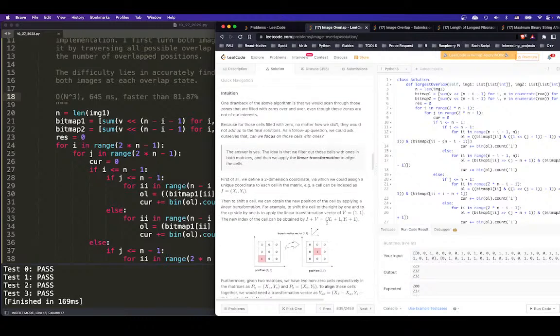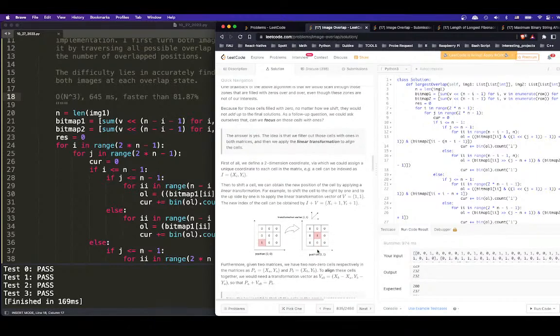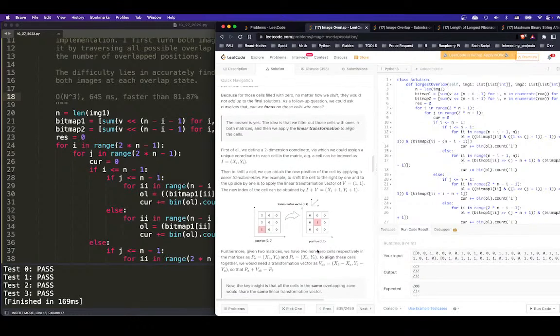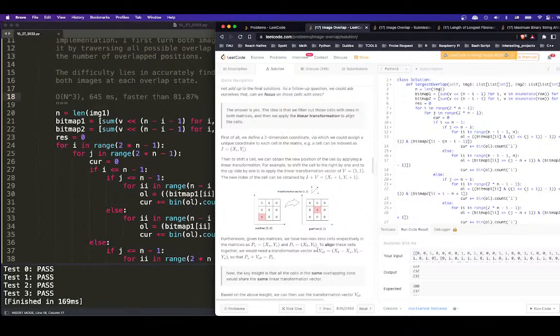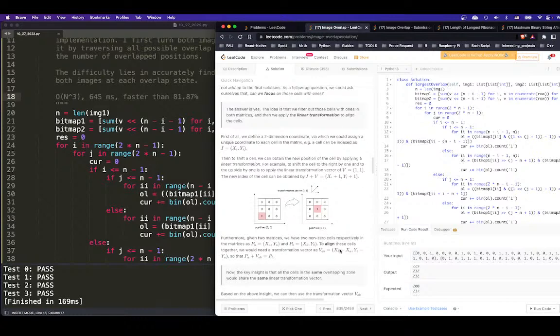Now I can reread this. Yeah, this is just 1, 1, this vector. To align them, we do this. Yes.